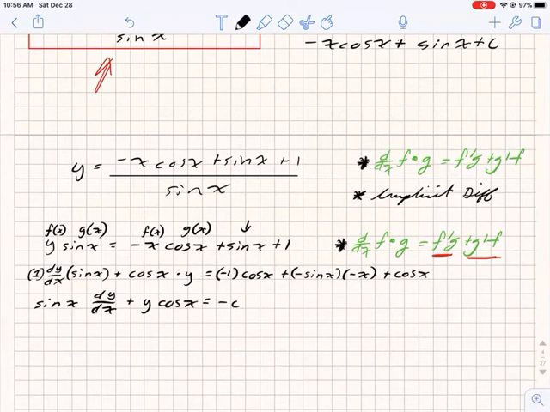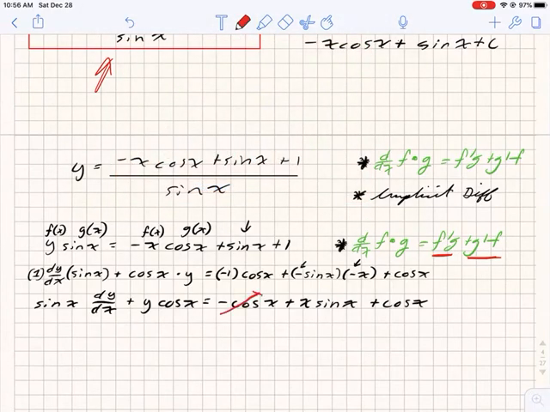This is negative cosine x. This negative and this negative become a positive, so this is plus. And let's put the x in front of it so we don't get confused. And we're going to add cosine x.